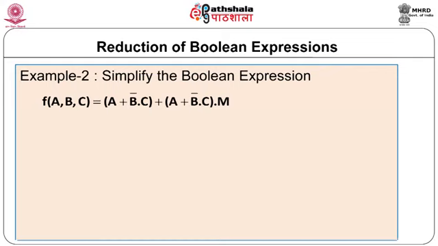So, if you see, the first bracketed quantity is common. So, we can write in the second line, let us take a OR b bar c common. So, we get 1 plus m, where m is any Boolean expression, any product term. So, in the third line, as we can say, 1 plus m is 1. So, therefore, we get only the bracketed quantity as a OR b bar c.